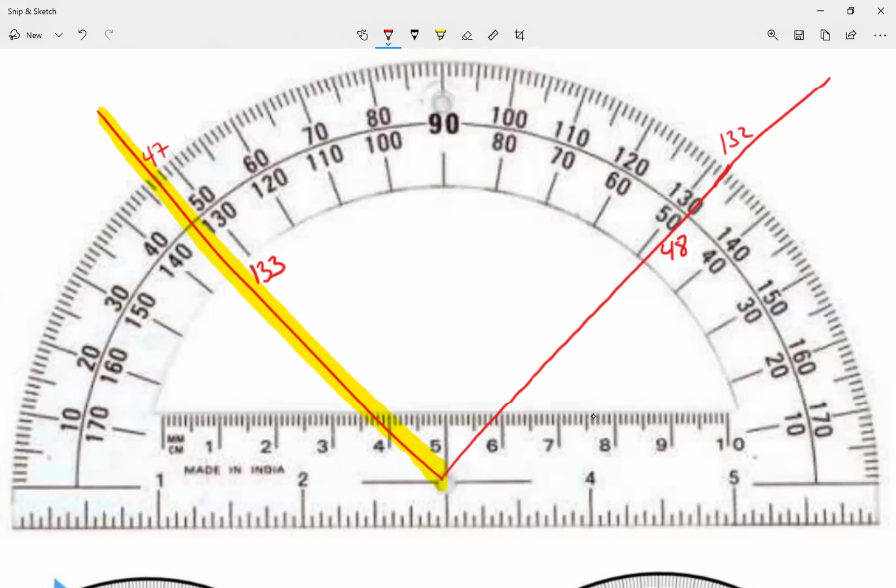Now, the way we're going to measure this angle, the way we use this protractor, we're going to subtract our numbers. However, I need you to use only outside numbers, so 47 and 132, or only inside numbers, which is 133 and 48. Only outside numbers or only inside numbers.